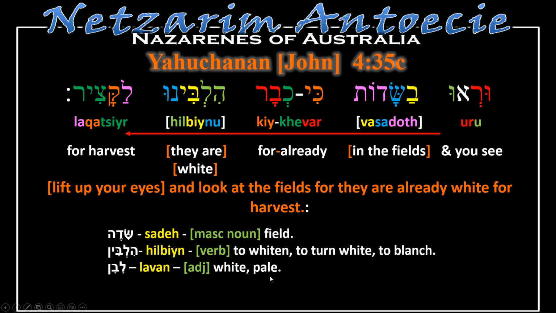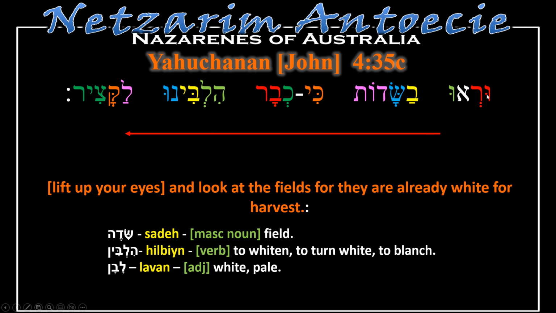And that's the name, of course, of Laban. It means white. La katsir, for harvest. They are white for harvest. The lamed is for. And our translation, lift up your eyes and look at the fields, for they are already white for harvest.